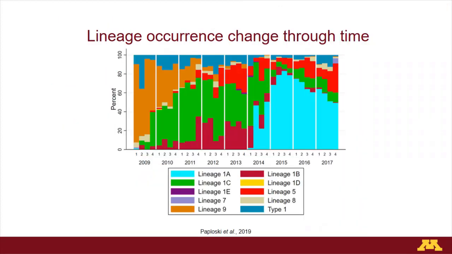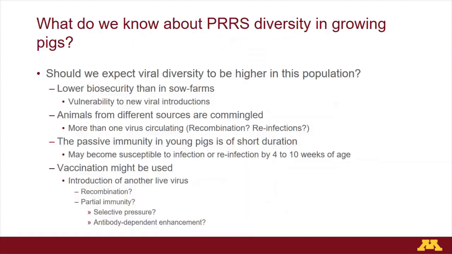Furthermore, this paper from Poplowski and collaborators, recently published, showed that through time we have a very dynamic turnover of lineages. Some lineages went extinct over this period of time, and some sublineages emerged during this period. So it is a very diverse and heterogeneous population.